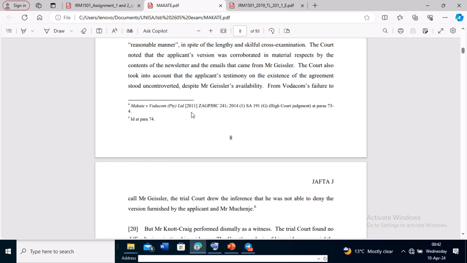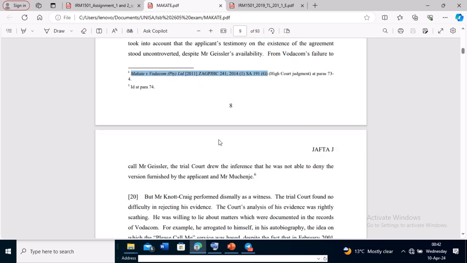It was first heard, I think, in 2014 at a higher court. You can copy this straight from here to here, and then you just write bibliography, and then you just say case law, and then you put this.